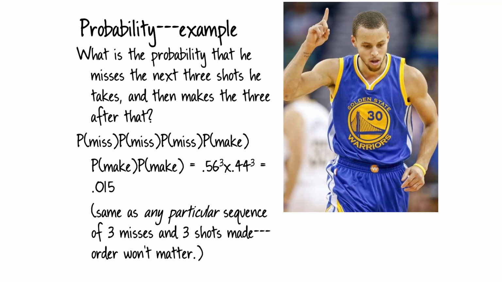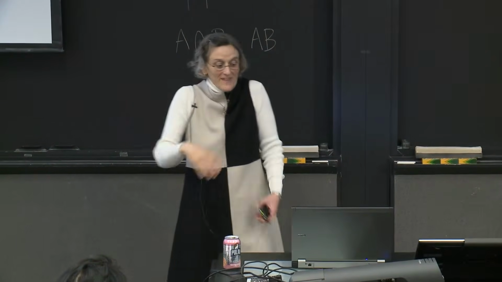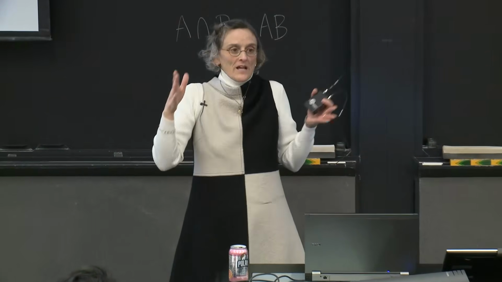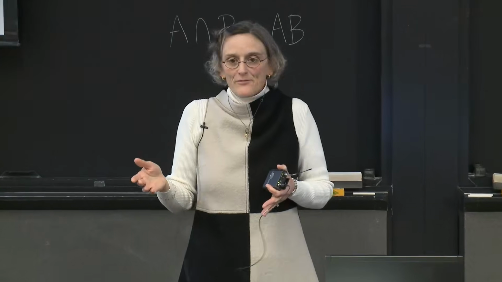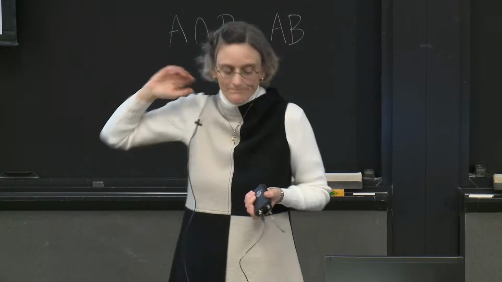Or 0.015. Now, keep in mind that the order in this particular problem doesn't matter. I could have asked you what's the probability of any particular sequence of 3 misses and 3 shots made, right? And your answer would have been exactly the same.